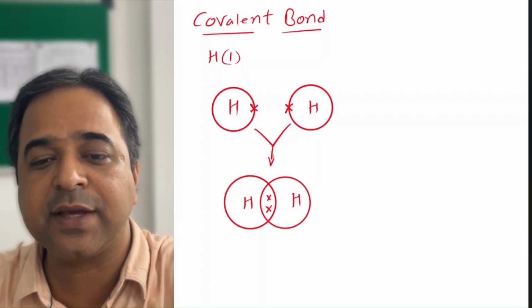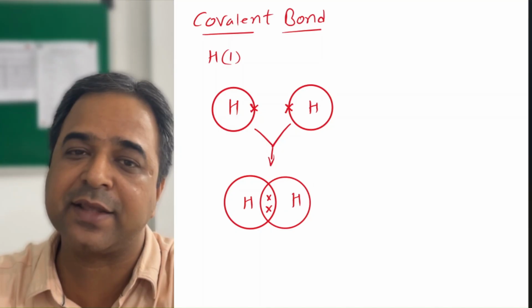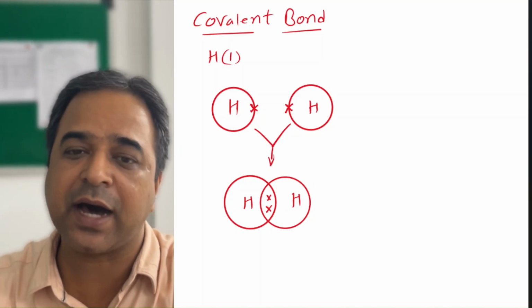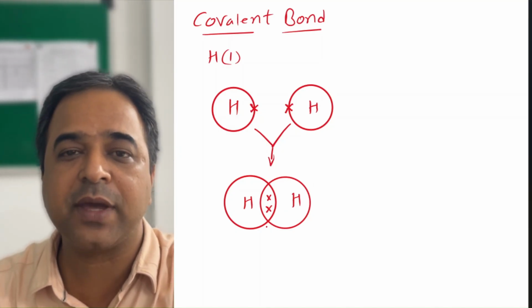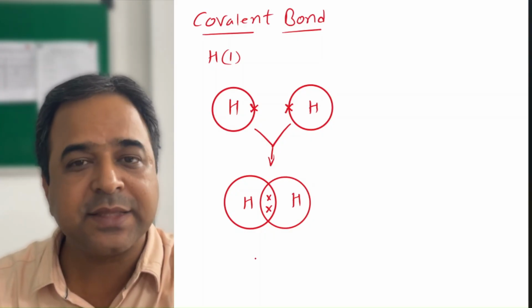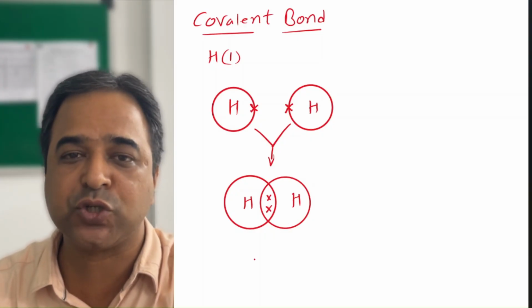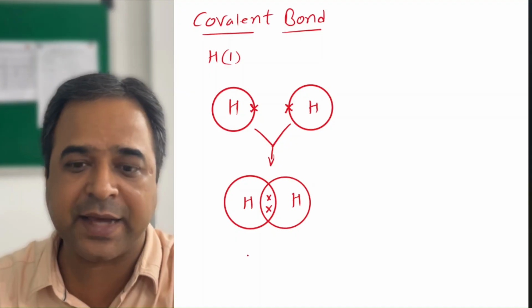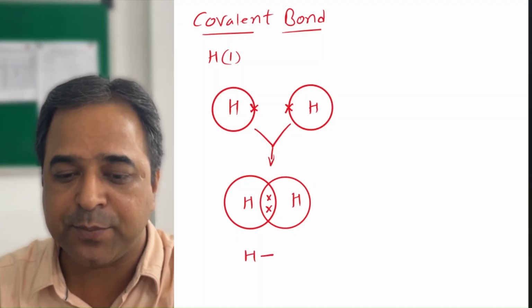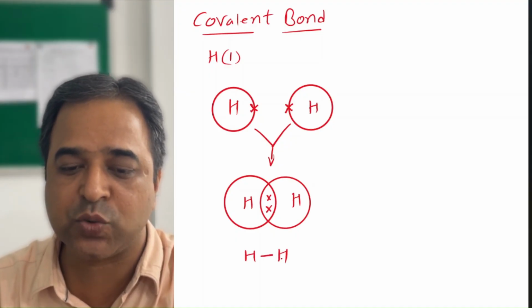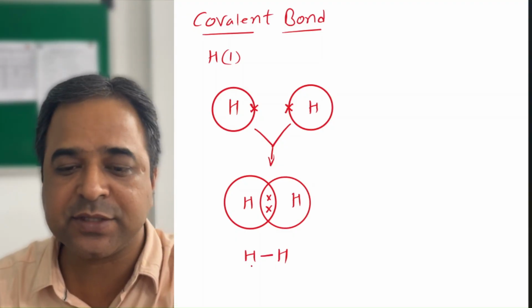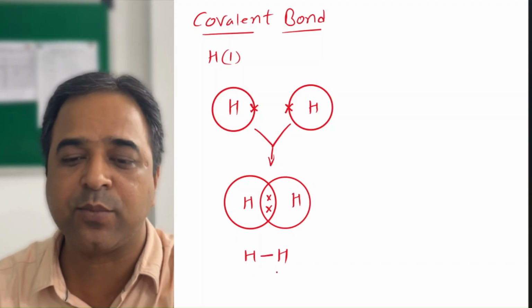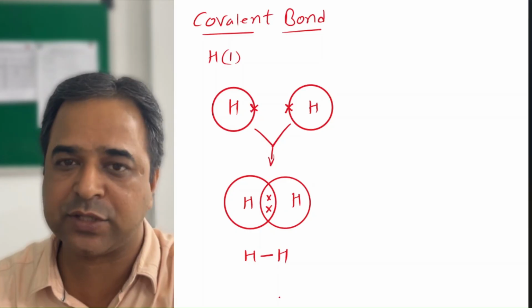They are fulfilling their outermost, or valence, shell. And this is how a covalent bond is formed. This covalent bond is shown with the help of a dash between these two atoms. So this is how you can show a covalent bond between two hydrogen atoms.